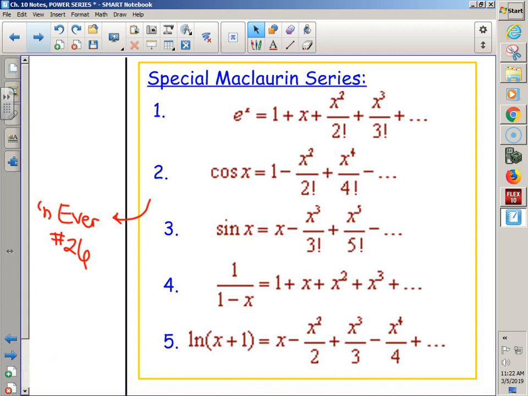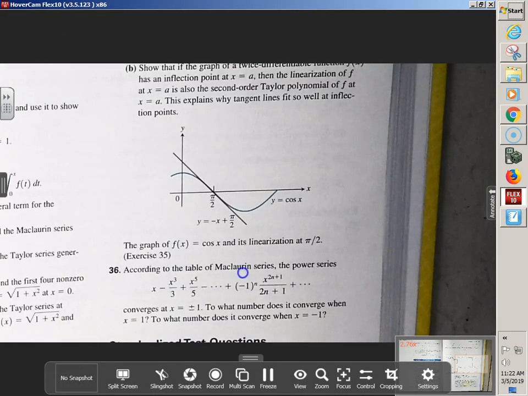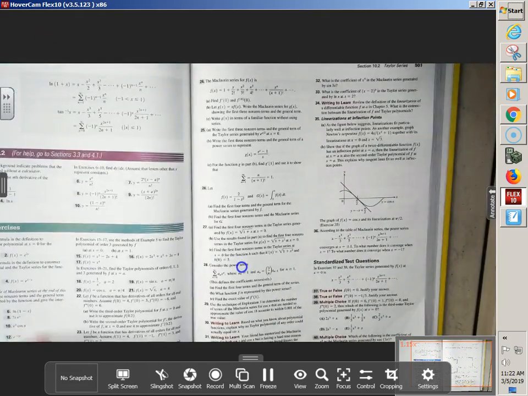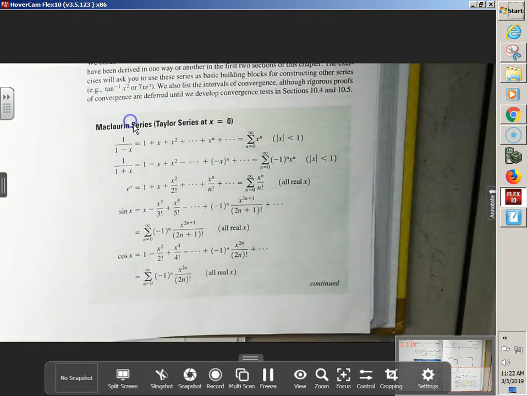Okay, so your book, if we were to look at it, can I just switch real fast? I'll come right back. Your book not only puts the first few terms, but also the general term and also the summation.